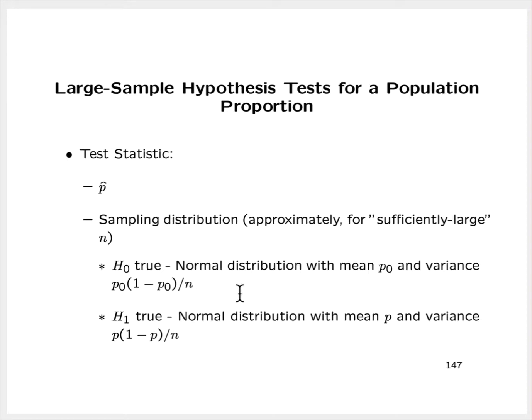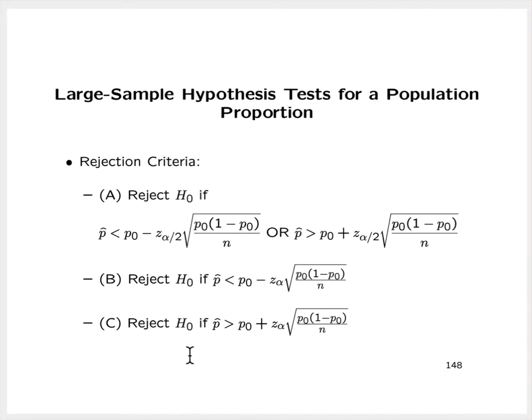If the alternative is true, it will still have an approximate normal distribution, but the mean will be equal to p, whatever p actually is, and the variance will be p times 1 minus p over n, whatever p happens to be.